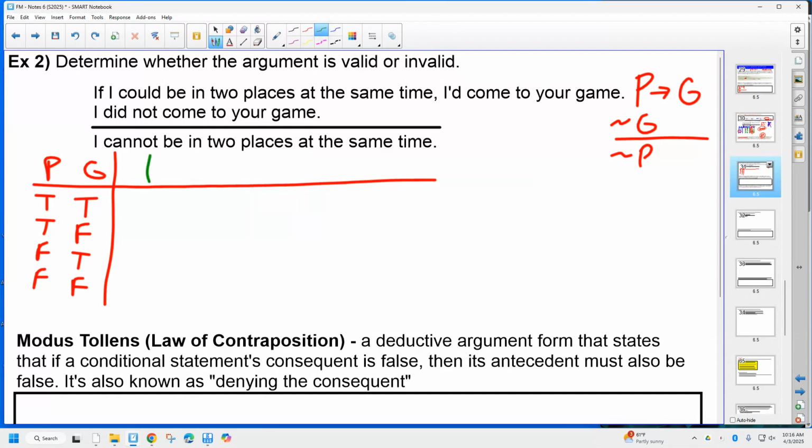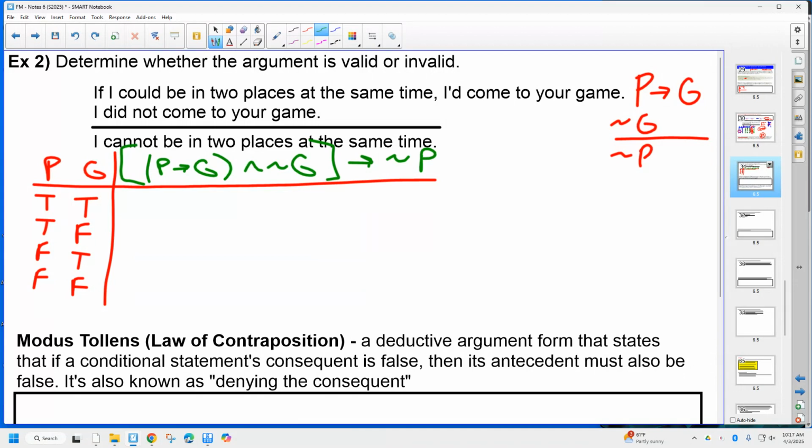Premise 1, P implies G, and premise 2, not G. I'm going to bracket those. Implies not P. So again, what we're looking for is everything true or what?